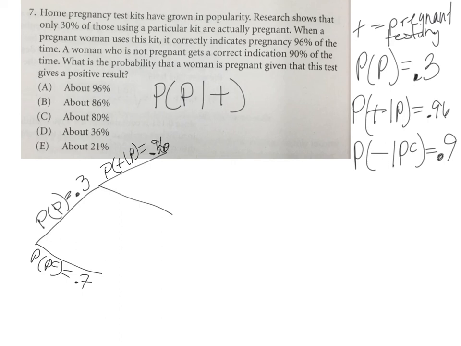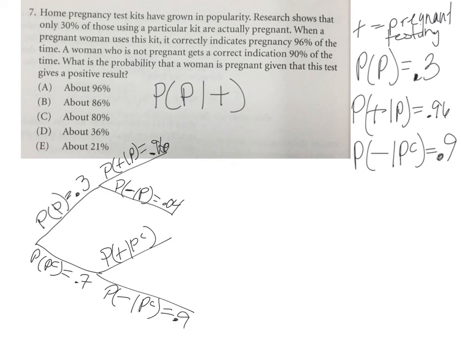The probability they get a negative given they were actually pregnant is 0.04. Remember that our branches have to add to 1. The probability that they get a positive given they are not pregnant, and this one's going to be the probability that they get a negative given they are not pregnant. So we'll put this one in first. That we know is 0.9, and so because they have to add to 1, this is 0.1.